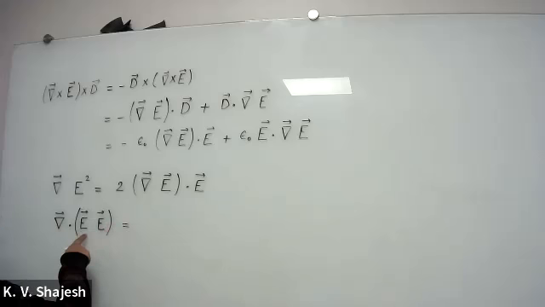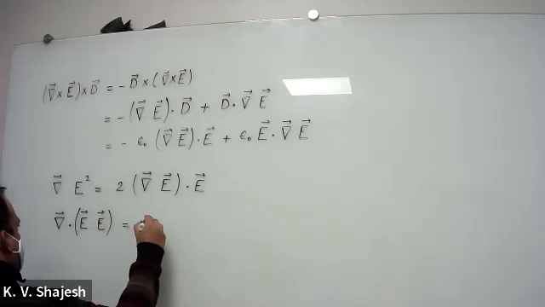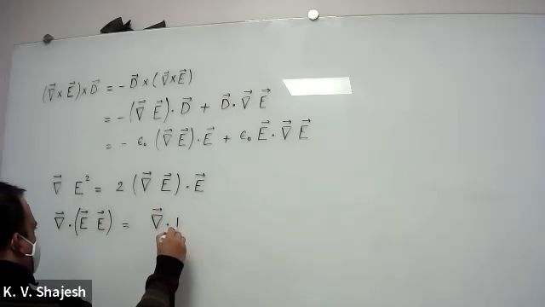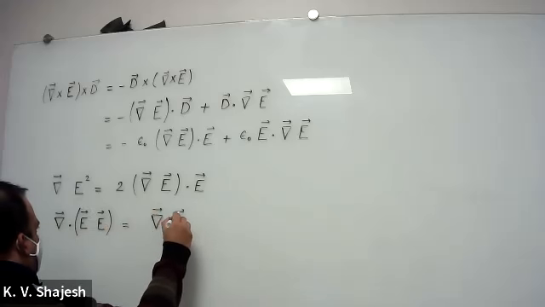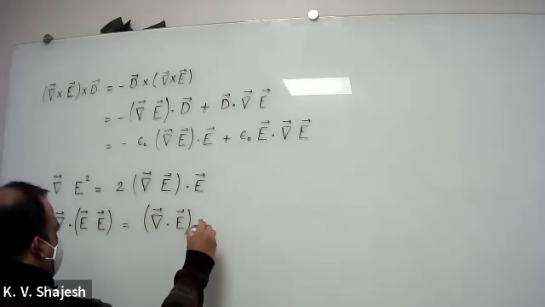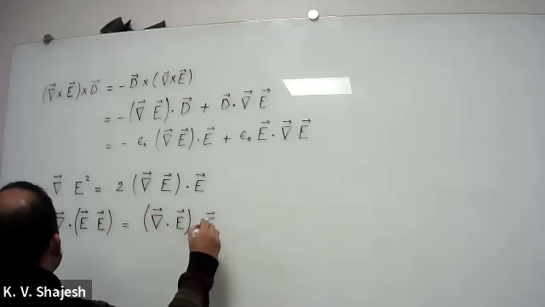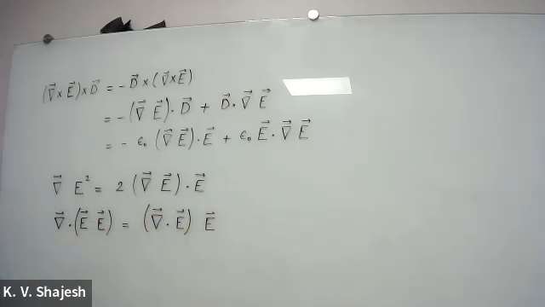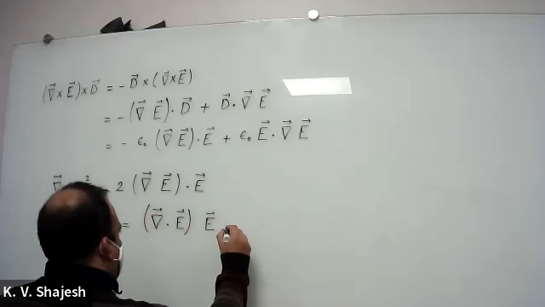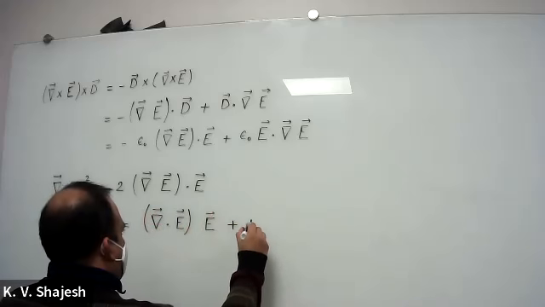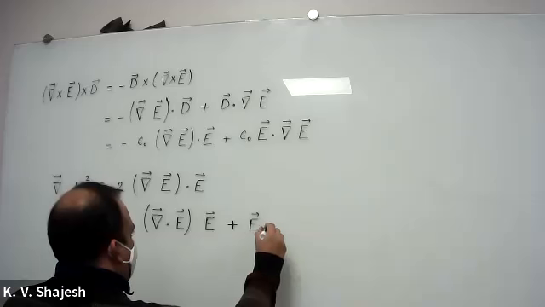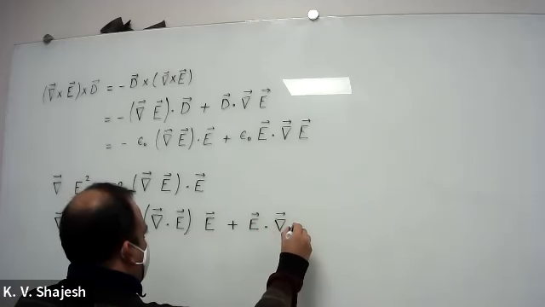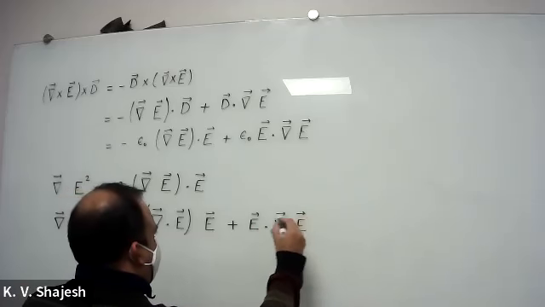So when I hit this, this is still dotted with E, times the second vector. That's the dot product. But I can also hit this. When I'm hitting this, I have to flip. Right? So it is plus E dotted with. Is that clear?